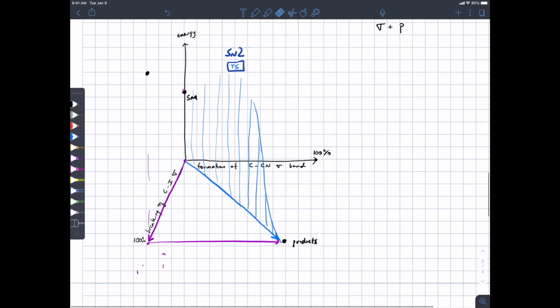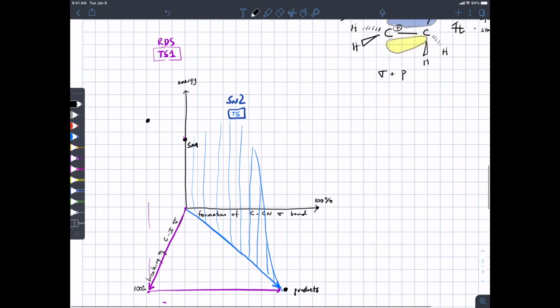Okay, so we said that let's have these 2 points be our transition state and our carbocationic intermediate. And this point will be the energy of the Sn2 transition state. Going from primary to secondary to tertiary increases the energy of the Sn2 transition state.